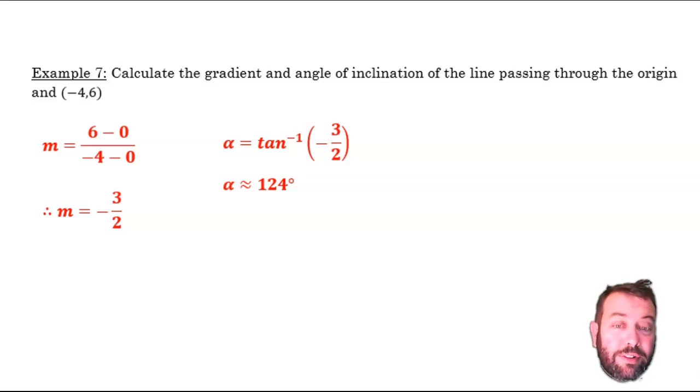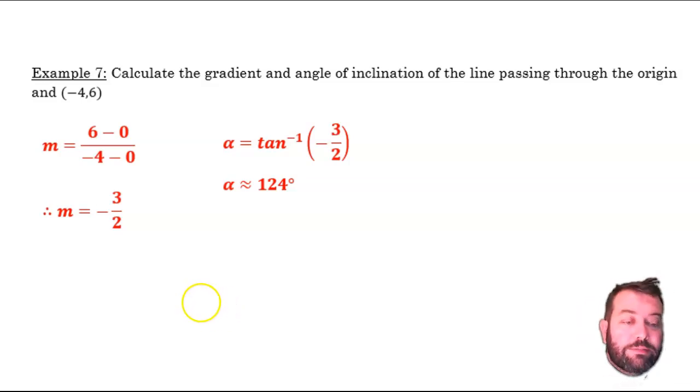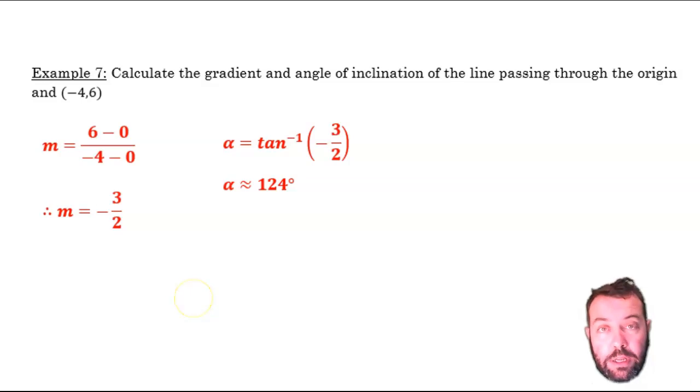If I get something like -56, that's fine. Just add 180 to it, and we'll get the other end of that. We're not probably interested in a negative angle of inclination. We're going to stick with the positive one that might be obtuse or even reflex.